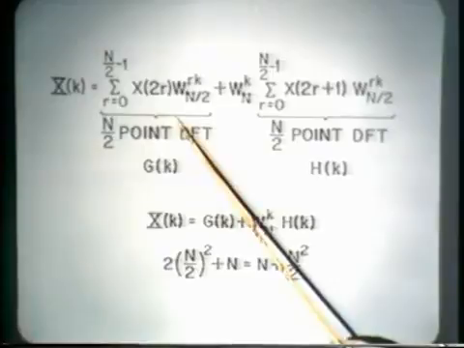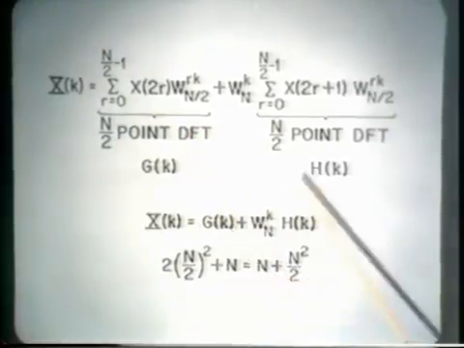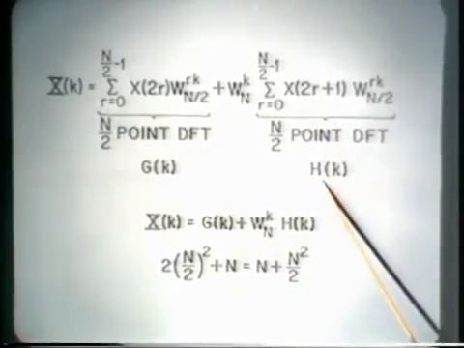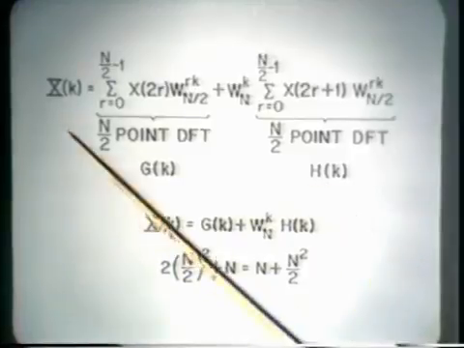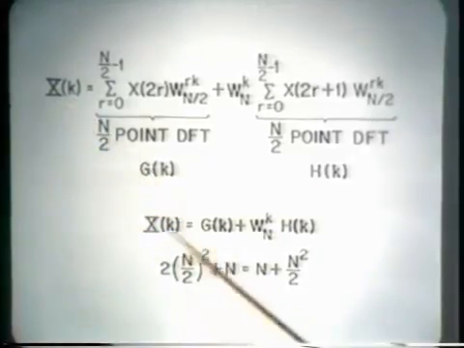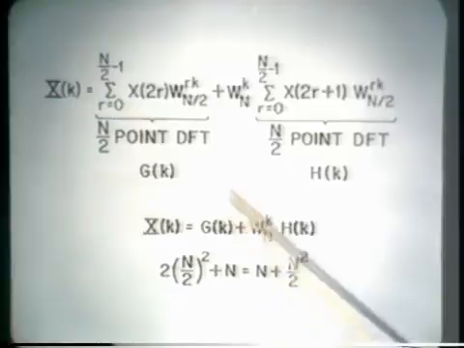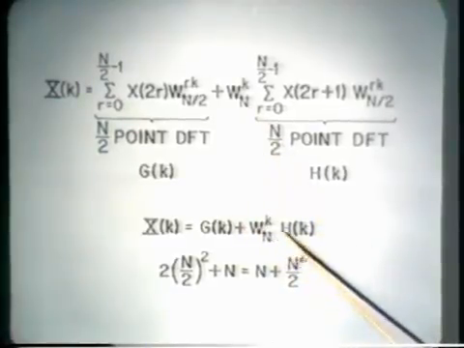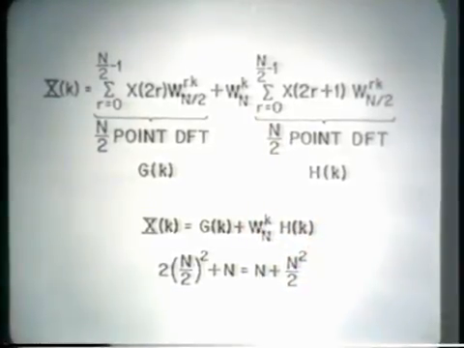This one, if we refer to as g of k, this one, if we refer to as h of k, then the computation of the DFT x of k is g of k plus w sub n to the k times h of k. All right, let's see what this means in terms of computational complexity.